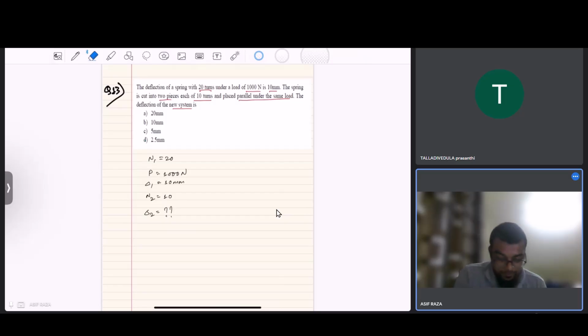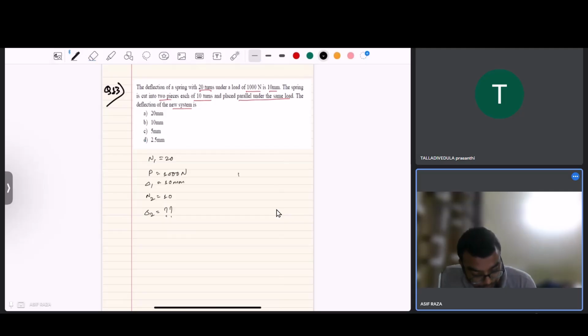Yeah. So we know the stiffness of the spring is given by G d^4 over 64 R^3 N, right?